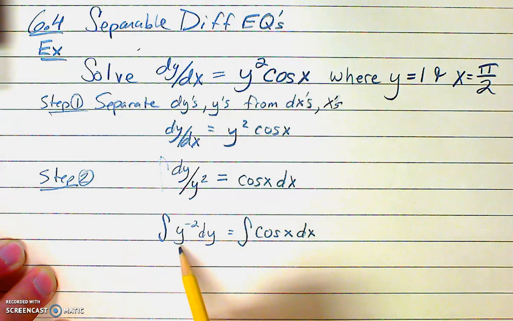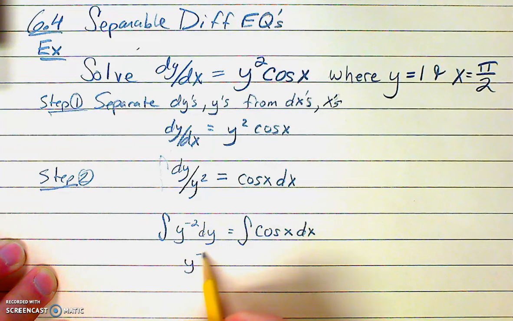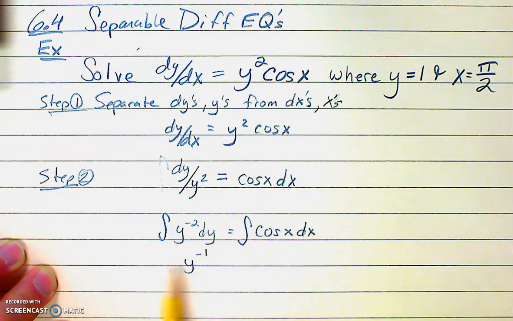Right? And so when we integrate y to the negative second, you have to add 1 to your power and then find your coefficient, which in this case, when you multiply down a negative 1 to get back to the negative 2 power, you just need a negative in front.